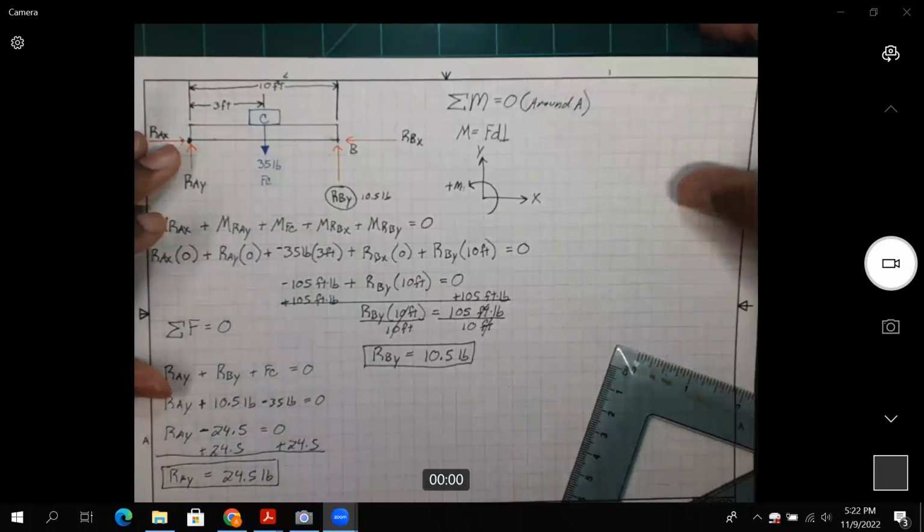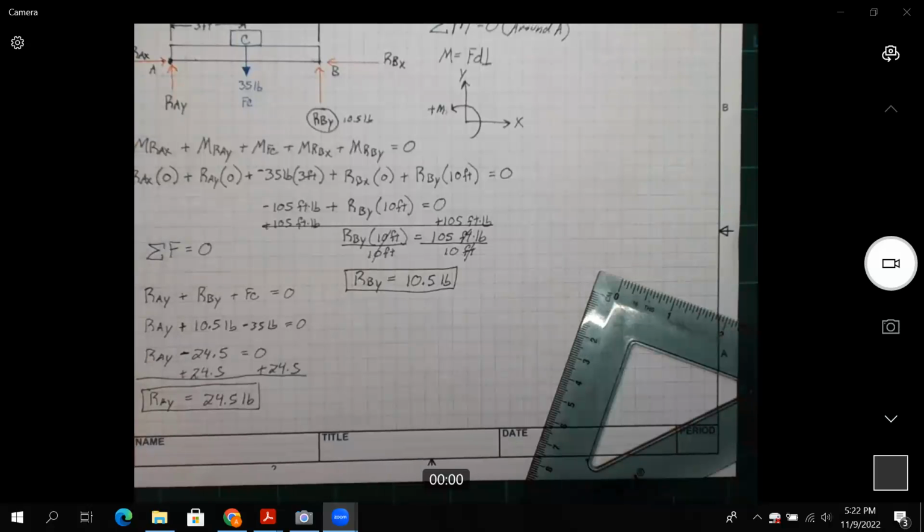Okay. All right, so there we have it. So we have RAY equals 24.5 pounds. We have RBY at 10.5 pounds. And we also have a 35-pound force. So with these forces, we can say that this beam is in rotational equilibrium acting upon joint A.